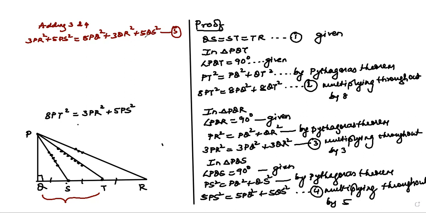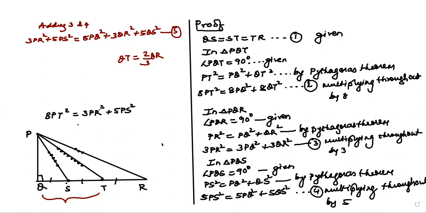What is this QR? S and T are the points of trisection, they are said. That means if you ask me what is QT, QT is 2/3 of QR.